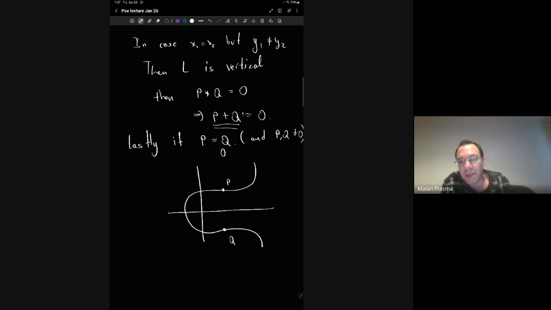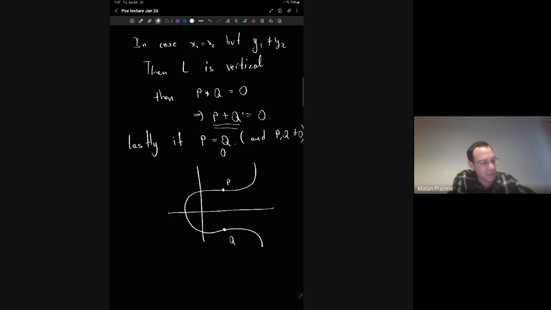Again, reflecting along the x-axis is just to help you psychologically, but over a general field, I simply put a minus in front of the y coordinate.